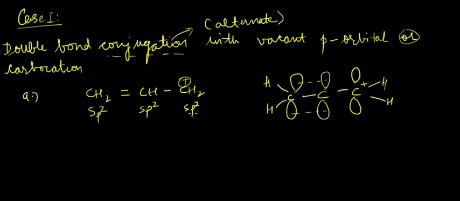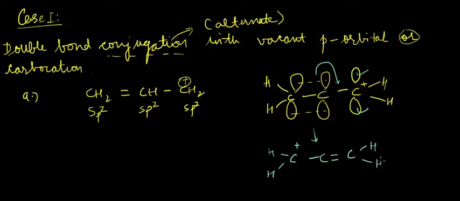So what happens is this filled p orbital gets shifted to this vacant p orbital, thereby forming a positive charge here. So after this step, we have a formation of a vacant p orbital here, and the p orbital of this carbon atom gets filled with the pi electrons of this p orbital, thereby forming a double bond between this carbon atom and this carbon atom.